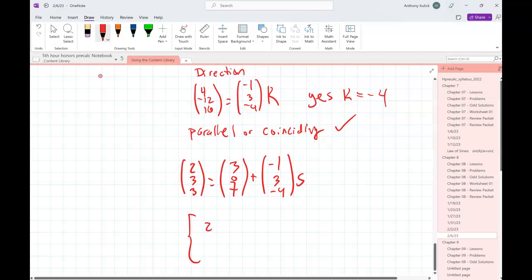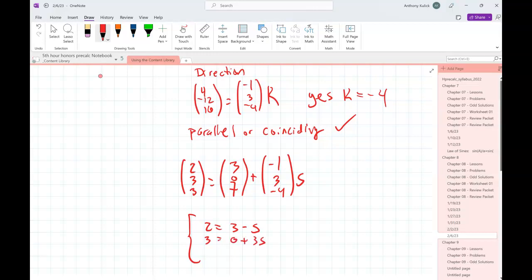So if I just translate this into 3 equations, I just read the first line, I have 2 equals 3 plus negative 1s. If I read the middle components, 3 equals 0 plus 3s. If I read the z component, 3 equals 7 plus negative 4s.